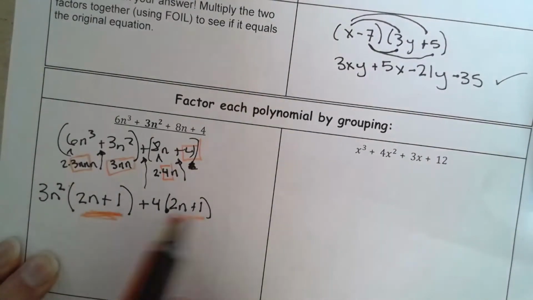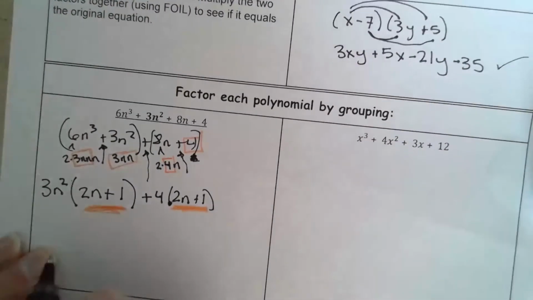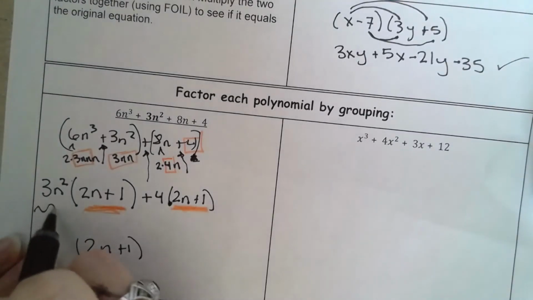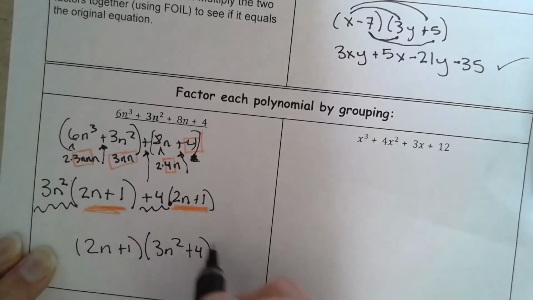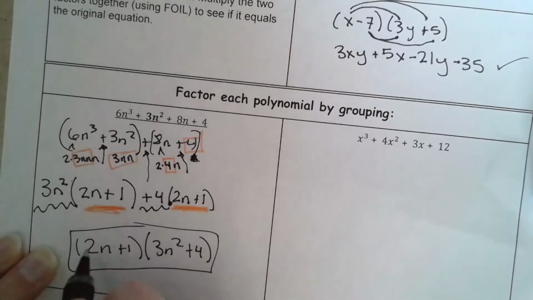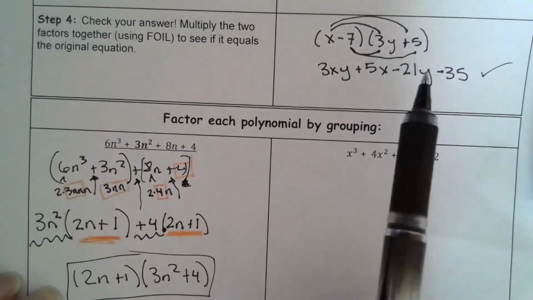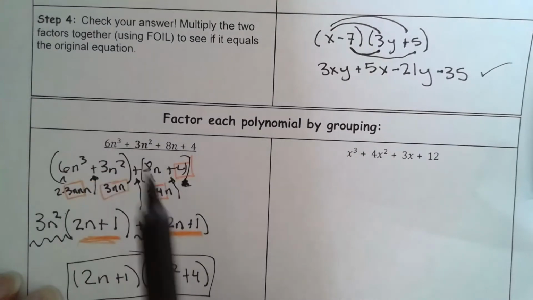You notice these two match. So that's my first factor, 2n plus 1. My second factor are these two outside greatest common factors, 3n squared plus 4. And then we could go ahead and FOIL that back, distribute that just like we did with the check, and it should give us this one right here.